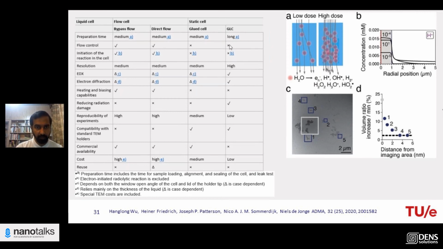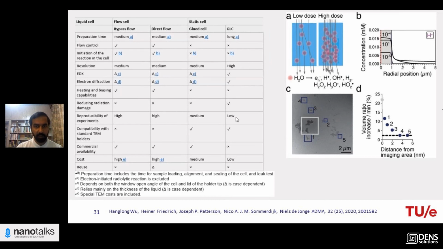I think with this new design, with the film that I just explained, we will be able to change these shortcomings of graphene liquid cells regarding the flow control, the initiation of the reaction, and heating of the system, which can be done using an old cryoholder, to make some new possibilities.